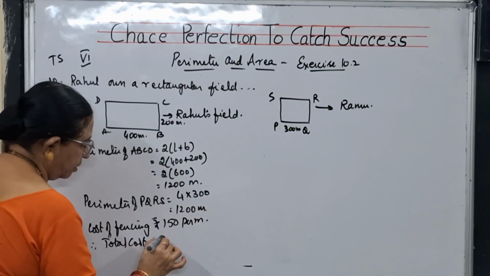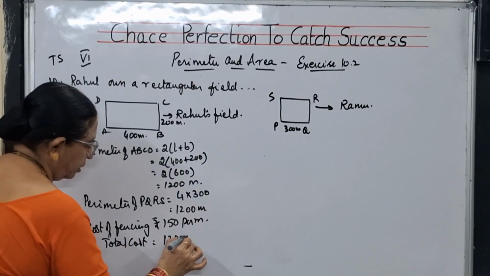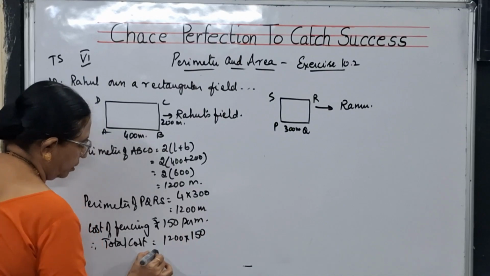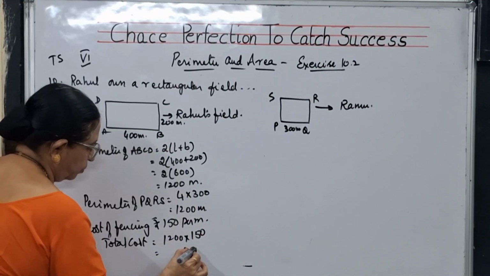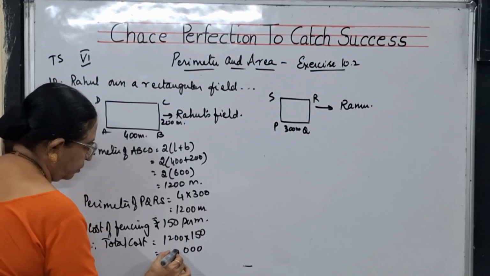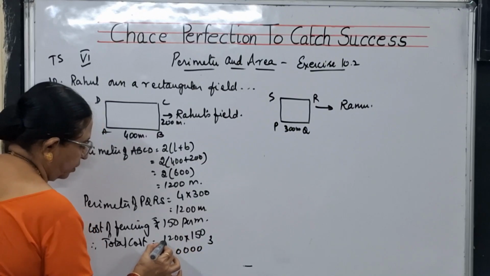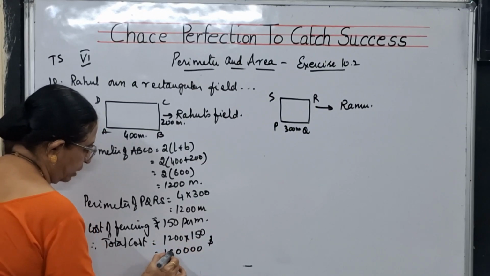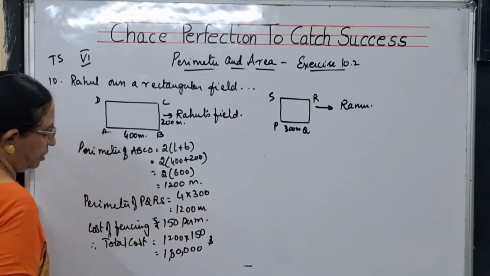Total cost is 1200 into 150. So 3 zeros, 15 twos are 30, 15 ones are 15, 3, 18, 1,80,000.